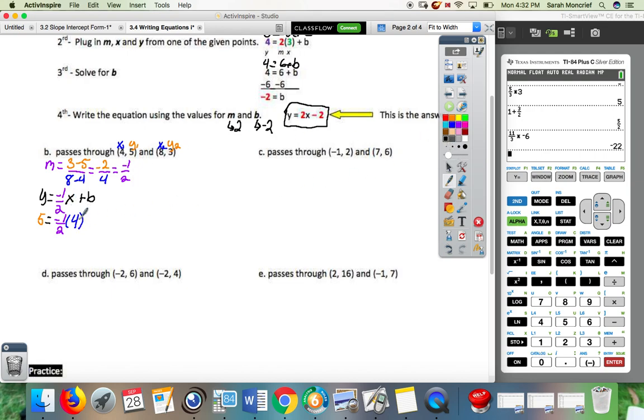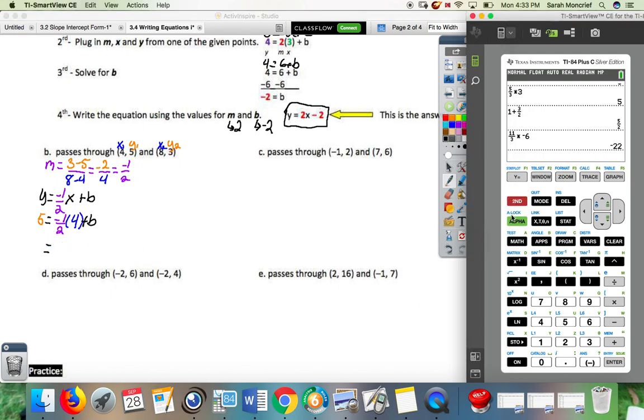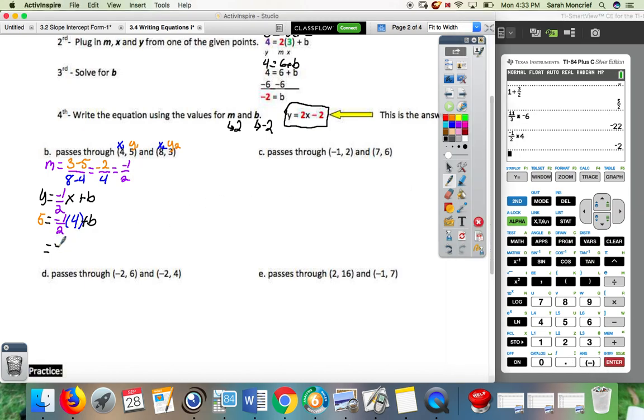And then, of course, my plus b, because we are looking for b. Now, we need to figure out what negative 1/2 times 4 is. Let's plug it in the calculator: negative 1 over 2 times 4, and what do we get? Negative 2.